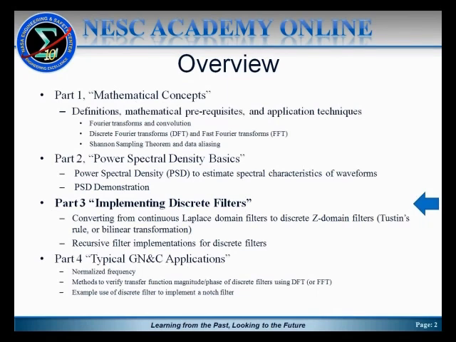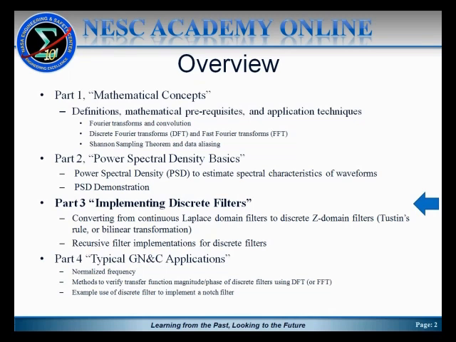Part 1 was entitled Mathematical Concepts, and it just defined the concepts that are used for digital signal processing, such as Fourier transforms and convolution operation, what discrete Fourier transforms are, and the fast Fourier transform, or FFT, algorithm, which is an efficient way of computing discrete Fourier transforms. We also discussed the Shannon Sampling Theorem and data aliasing that can occur with improper sampling frequency.